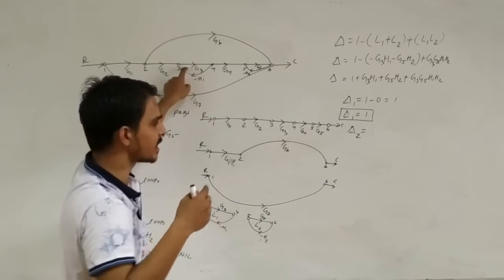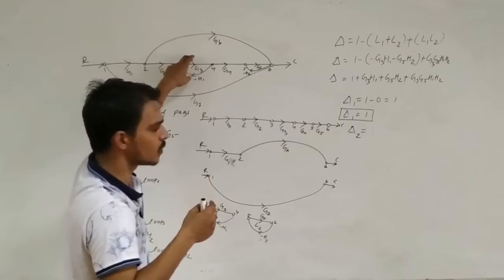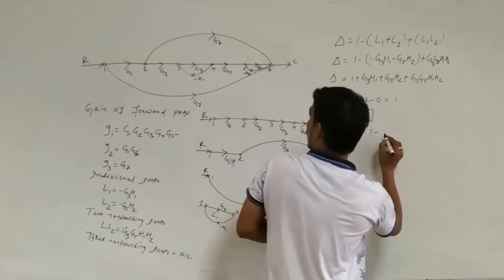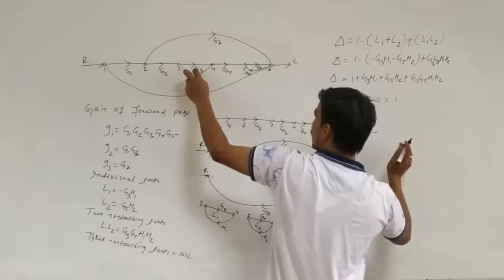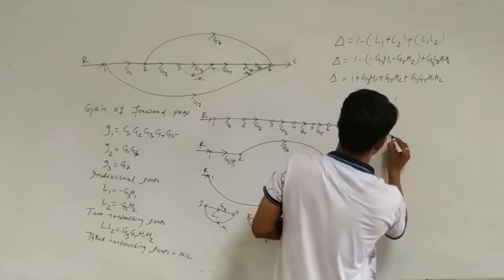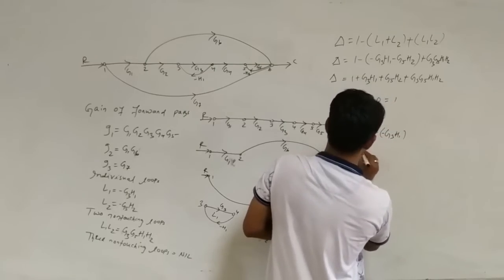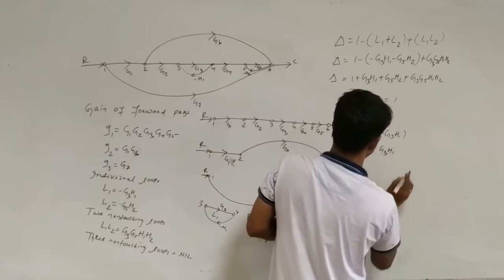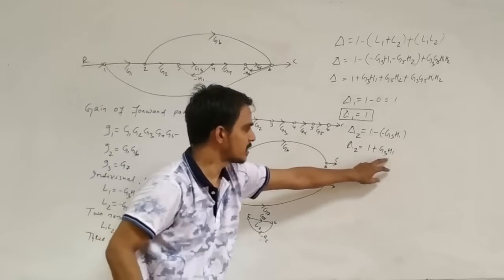So delta 2 will be what? 1 minus the loop gain which is not touching this forward path, so minus G3H1. So delta 2 equals 1 plus G3H1.